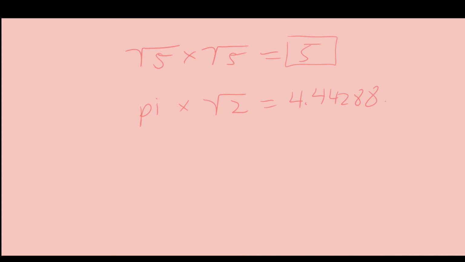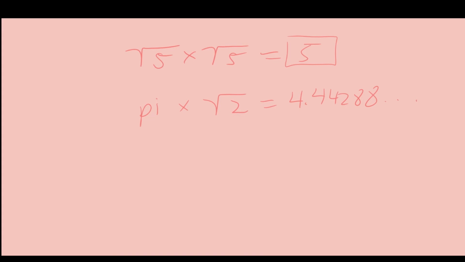So square root of 5 times square root of 5. Both irrational numbers. That's going to give us the whole number of 5, and this is going to be rational. Actually, let's just do pi. We can do pi times square root of 2. That's going to give us 4.442, and this is going to continue.